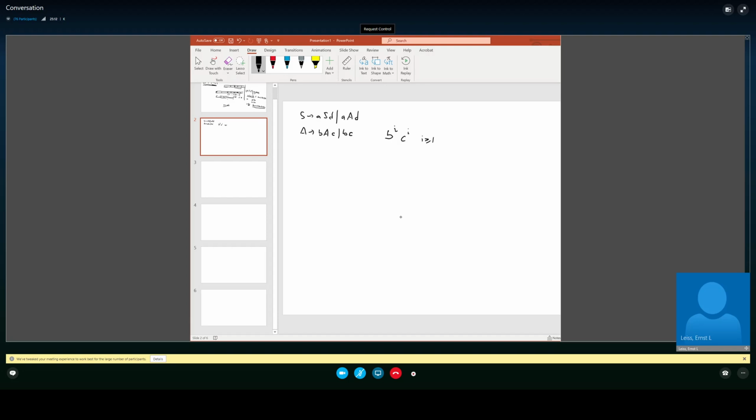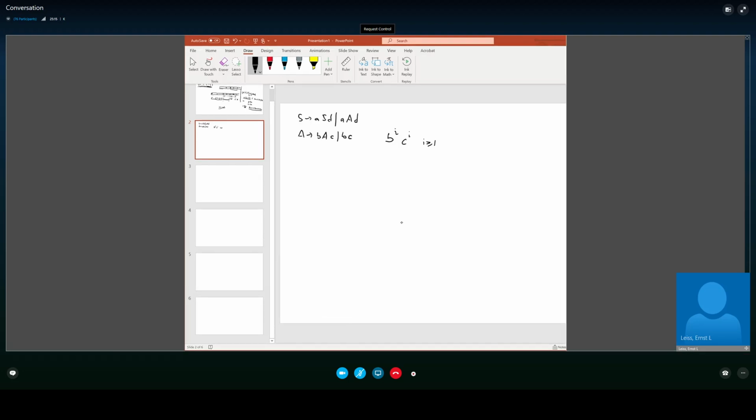And then you have the As from the ASDs, the pairing of As and Ds, so this is A to the J followed by D to the J. That's basically doing the first production as many times as you want, and then you have to use the S goes to AAD production.